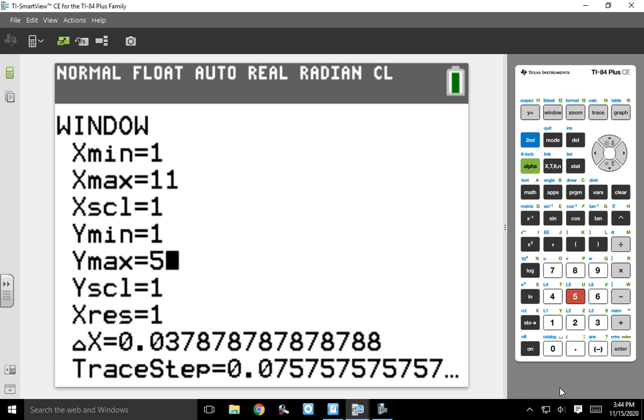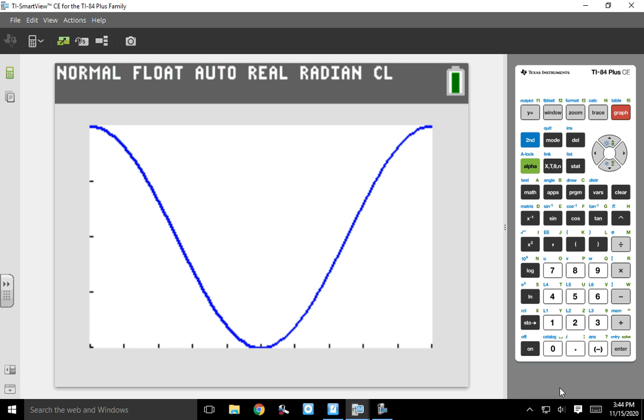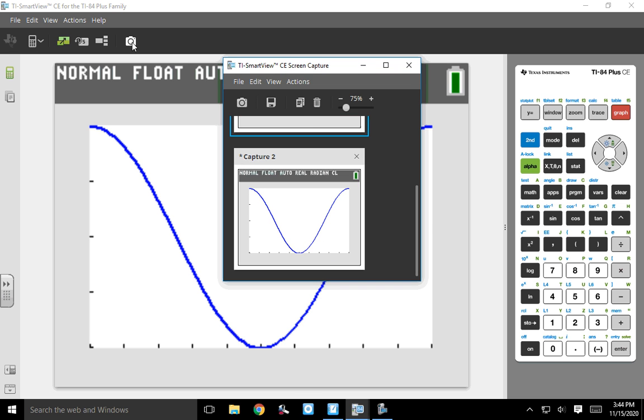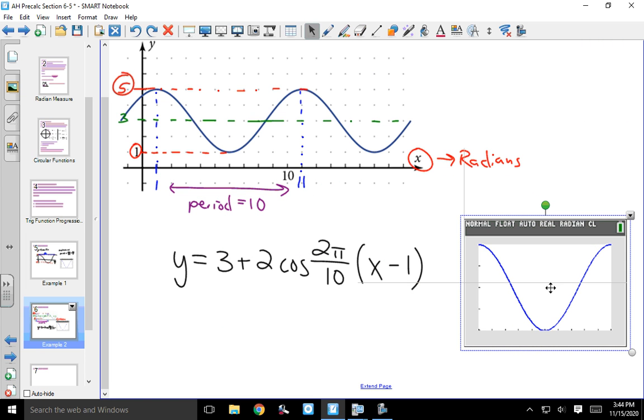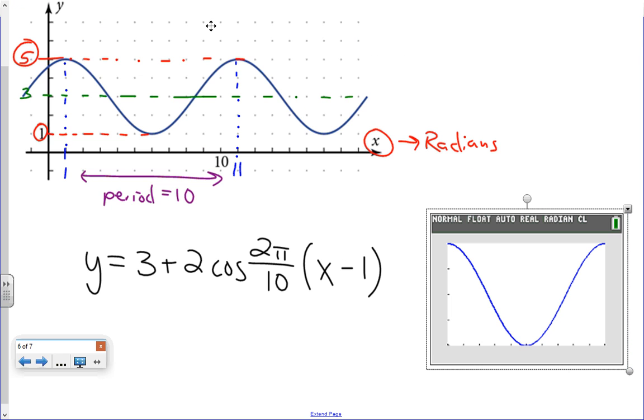So when I graph this, we should see one full period of this function. All right, there we go. We've got ourselves a nice little sketch of what that function should look like. That definitely looks like the right graph there.